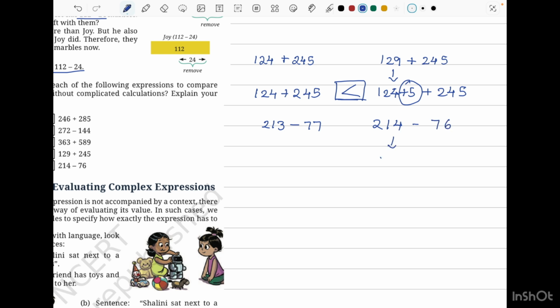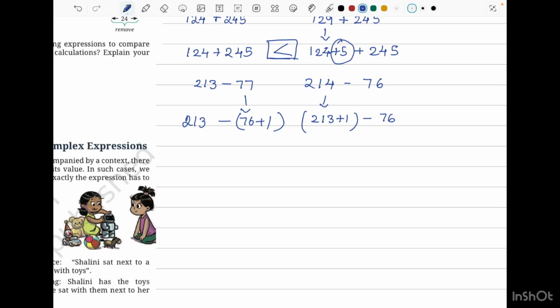So we can split it as 213 plus 1 minus 76, and here we can split 77 as 76 plus 1, so 213 minus 76 and also subtracting 1. And here we have 213 minus 76, but one more is left in the expression.